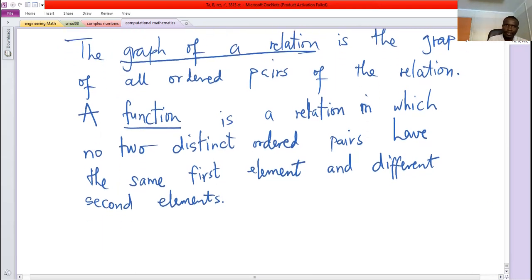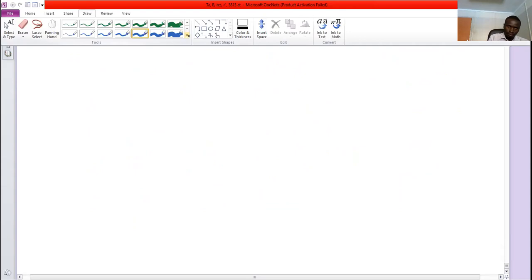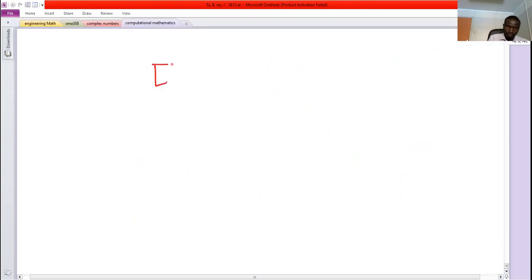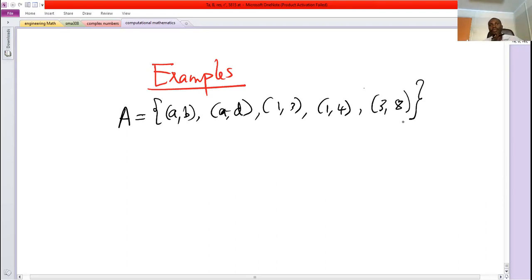So after giving the definitions, now we can give some examples. If we have A: (a, b), (a, d), (1, 3), (1, 4), and say (6, 3), (8), this is an example of a relation.